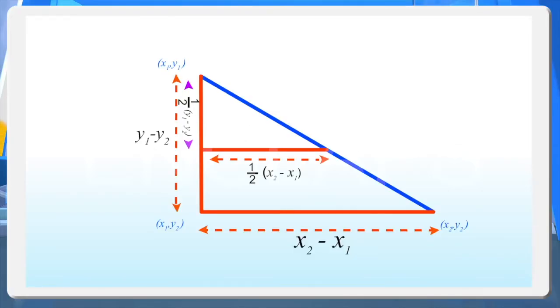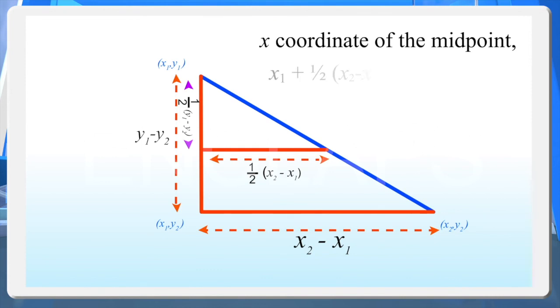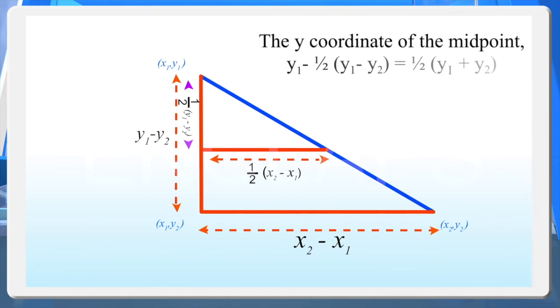What if the position of the points is like this? Do as you have done before. What do you get? The x coordinate of the midpoint is x1 plus 1/2 into x2 minus x1, equals 1/2 into x1 plus x2, and the y coordinate will be y1 minus 1/2 into y1 minus y2, equals 1/2 into y1 plus y2.